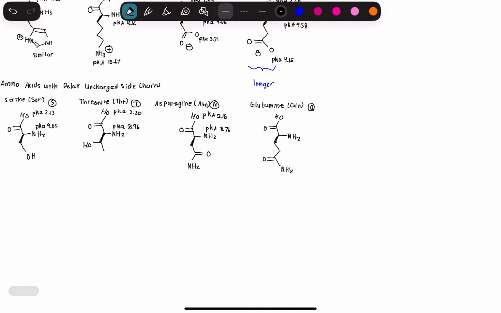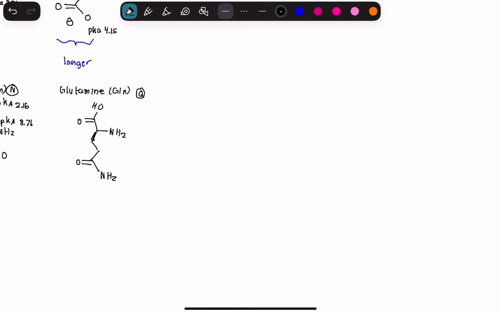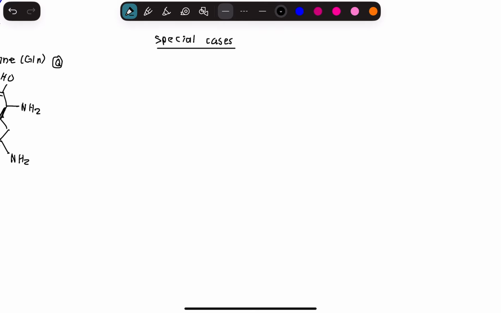Now we also have some special cases that you have to know. In these special cases, you have cysteine. Represent that as C, and that's going to be HO.